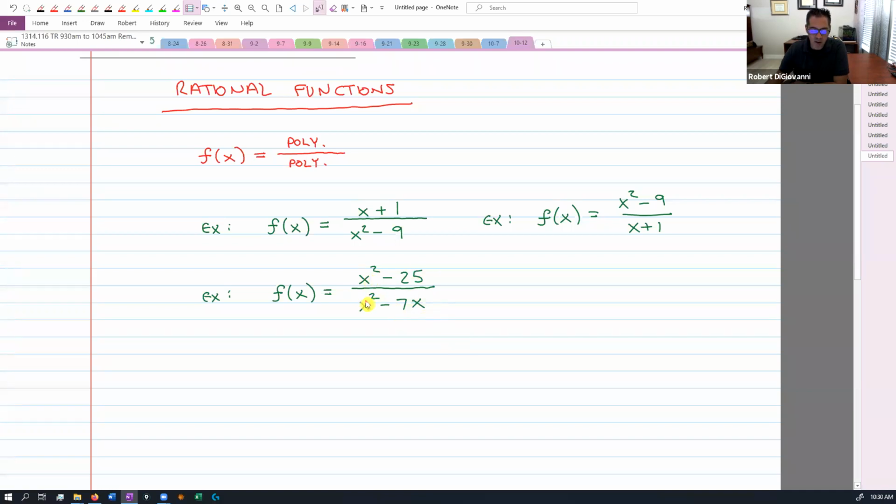Is that a polynomial over a polynomial? Yeah, so this is a rational function. We'll look at this one now, just as our last one.